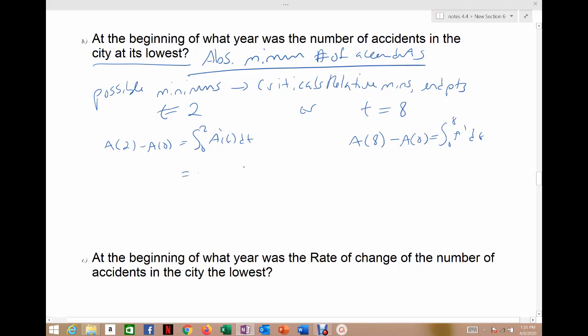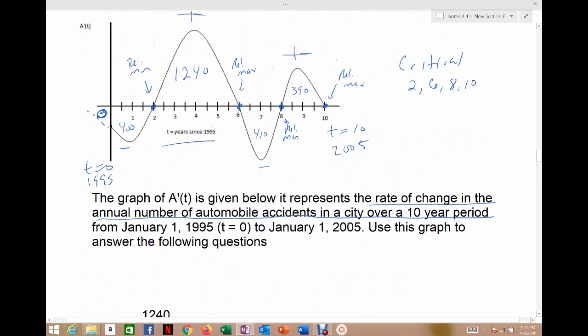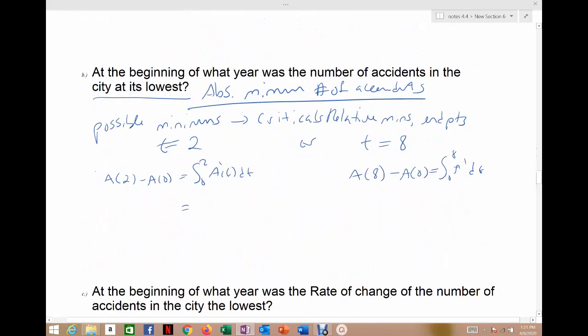So from 0 to 2, if I go look at my graph, I have a net loss, or loss is probably the wrong way to word this. Accidents decreased by 400. Oops, so negative 400.